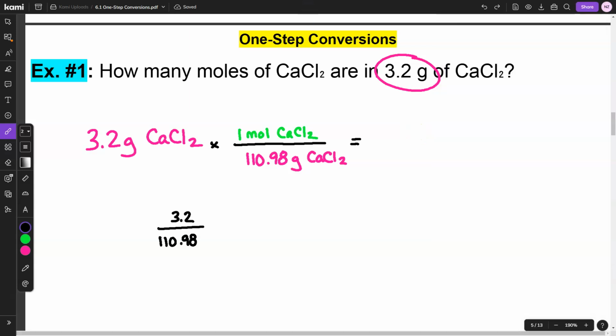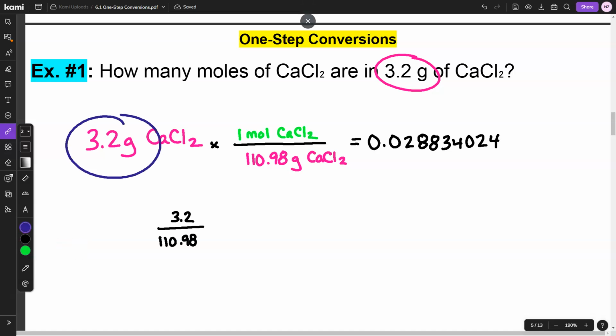Let me write this out, 0.028834024. So we get this really long number. Now, if you recall, we always want to round our final answer to the number of sig figs. So we have 2 sig figs in our given.